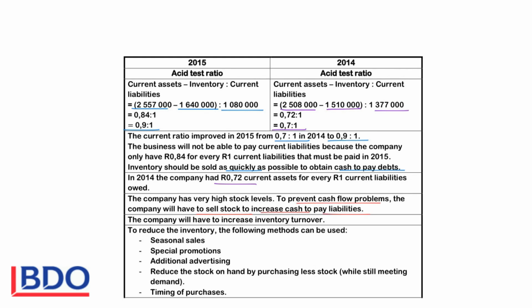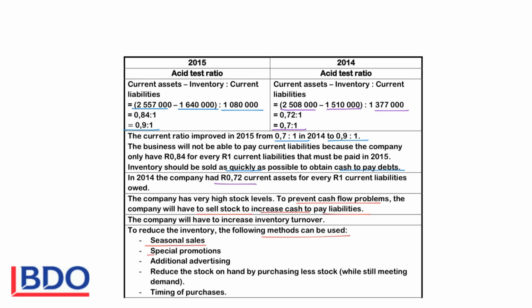Now we realize that there's a problem. They will not be able to pay. So some steps must be taken so that they obtain money quickly to be able to pay for the liabilities. The following methods can be used. You can have a seasonal sale where you sell all the products that will not be sold in the next season.